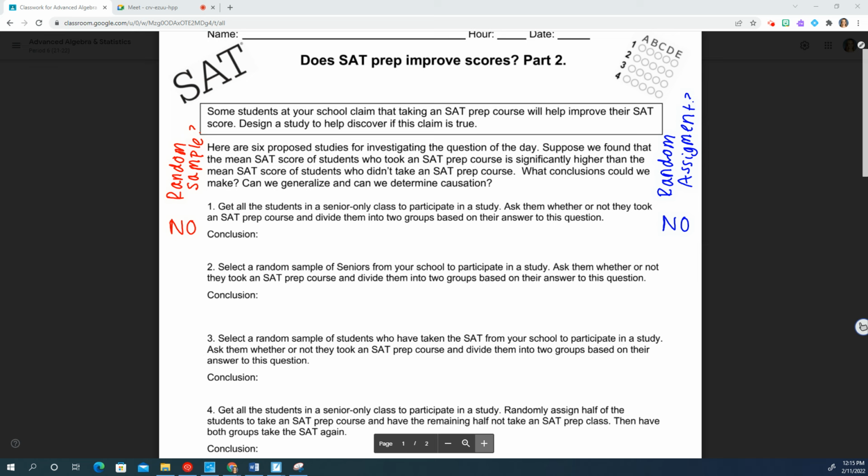So looking at my A through F, my cards here, I'm trying to think of which of these possible conclusions I can draw from this study. Well, first of all, since I didn't do an experiment, I just literally went to a class of seniors and took their responses of, hey, did you take this SAT prep course?